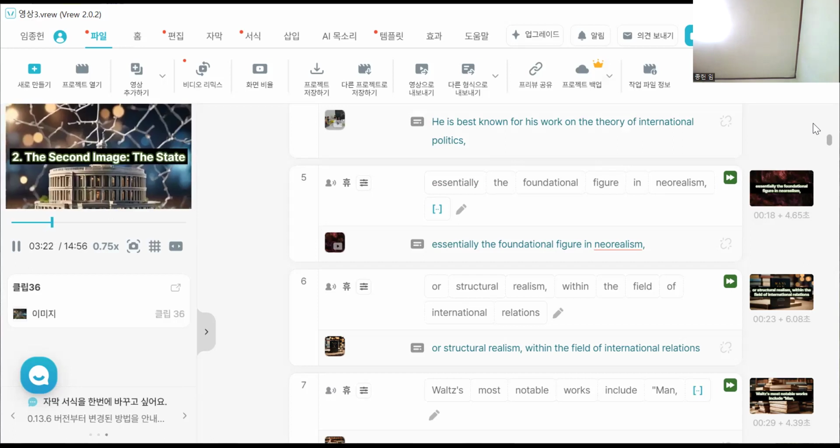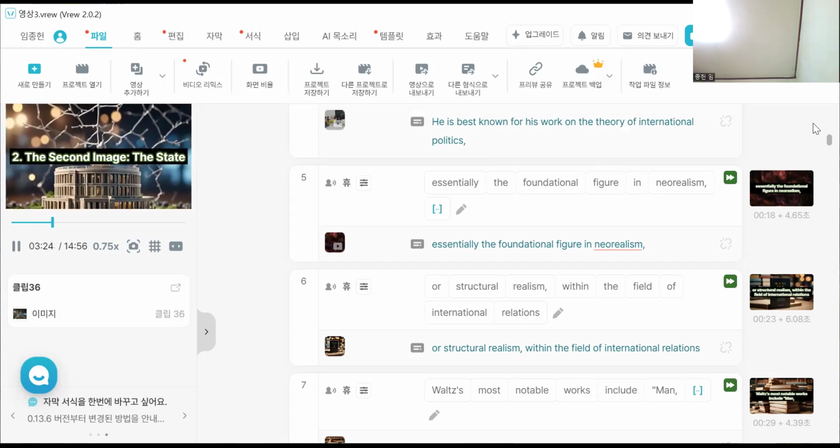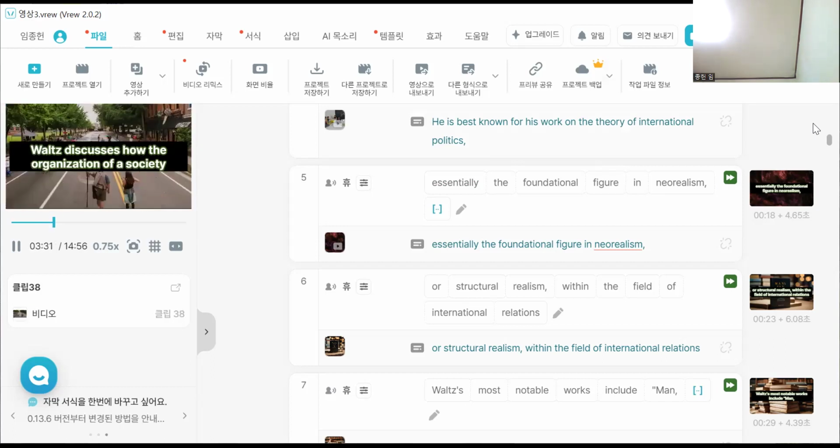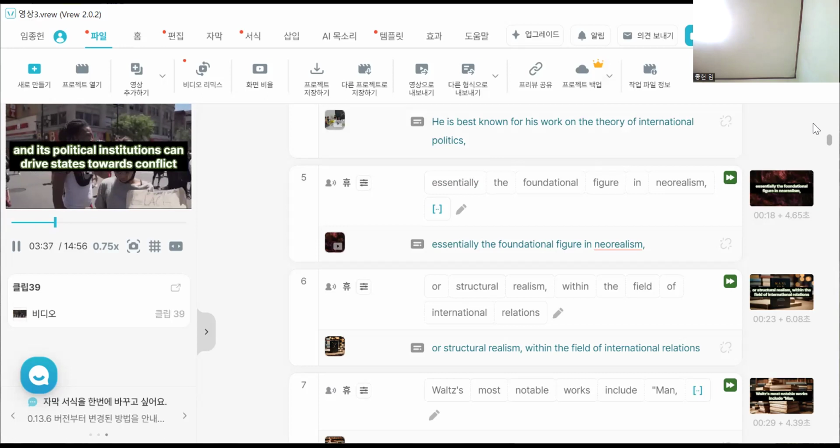2. The second image, the state. This level considers the internal structure of states. Waltz discusses how the organization of a society and its political institutions drive states towards conflict.